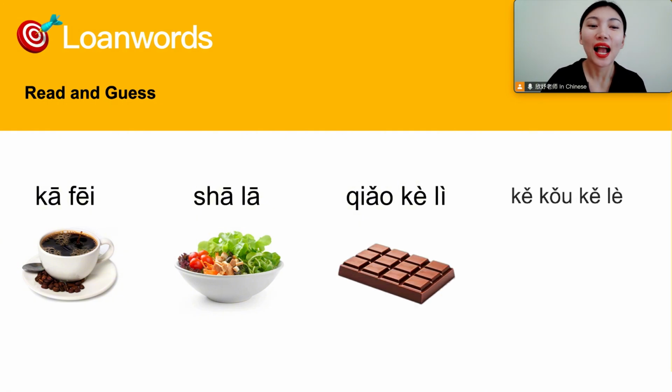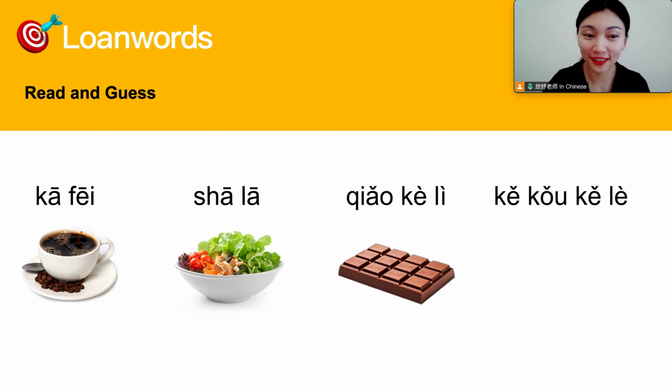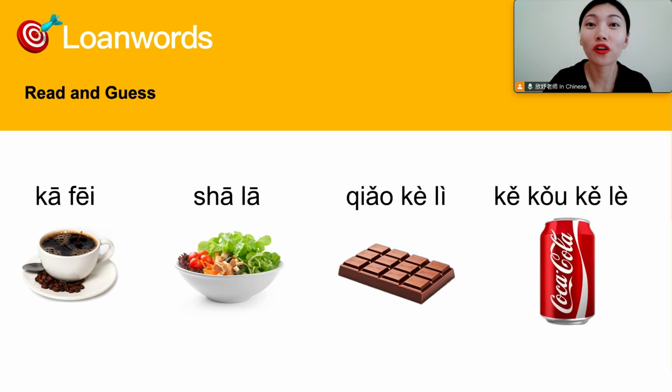Chocolate. And the last one, okay, 可口可乐. 可口可乐. Okay, what does this mean? It's a brand. It's a drink brand. Okay, it's Coca-Cola.